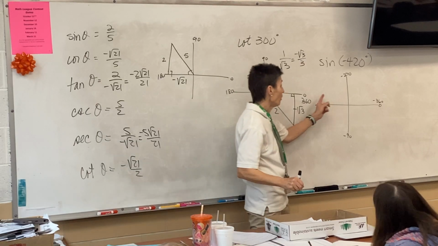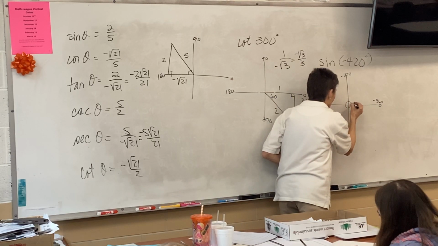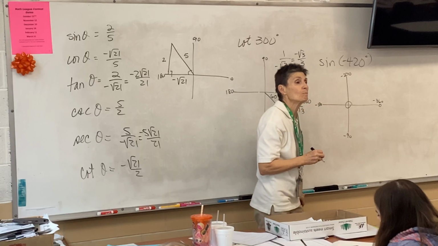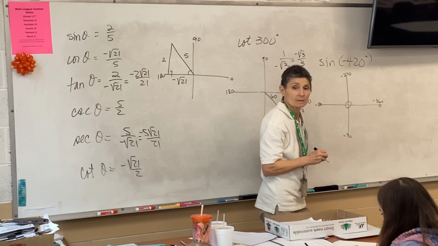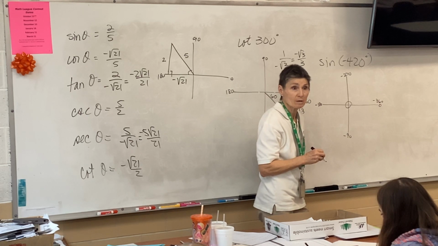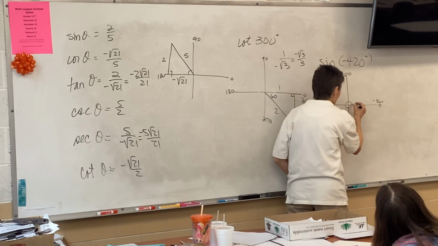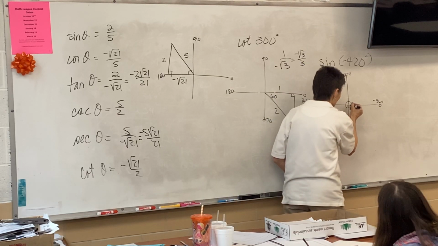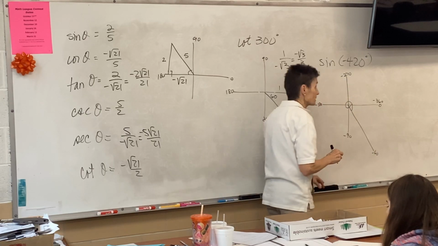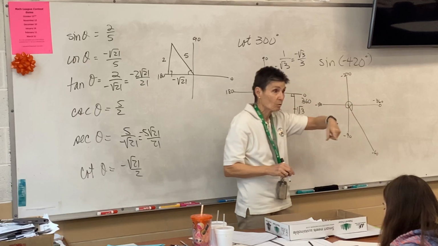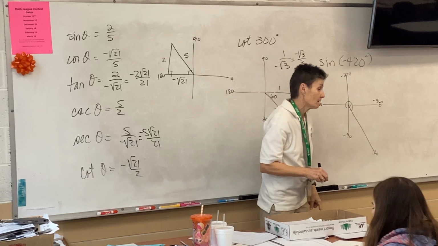So this would go all the way around, and then how much more? It's going to go 60 more, but it's going negative, so it's going to go 60 more like this. So there we go, that's negative 60. Because it's going in the negative direction, all the way around is 360, and then 60 more gives me a total of 420.